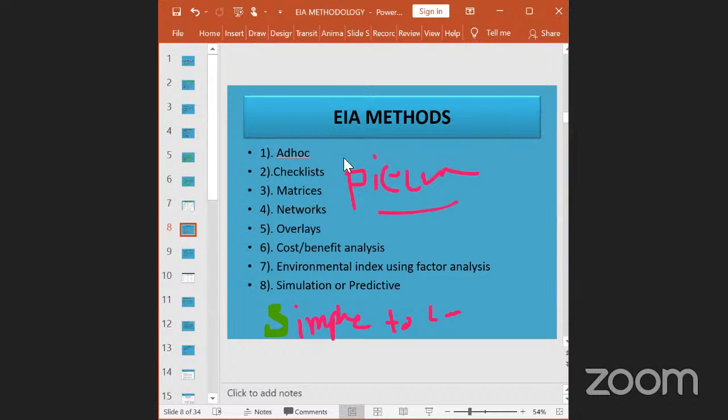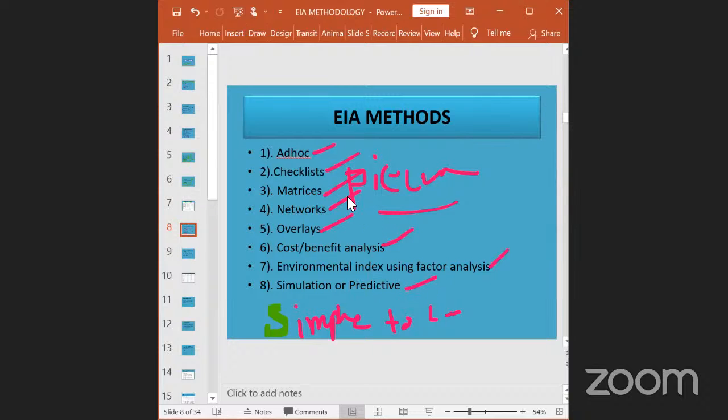Now you see the list of environmental impact assessment methods here. We have 8 different kinds of methods used to find out the impact, right? First one is the ad hoc method, then checklist, matrix, network, overlay, cost benefit analysis, environmental index using factor analysis, and finally simulation or predictive.